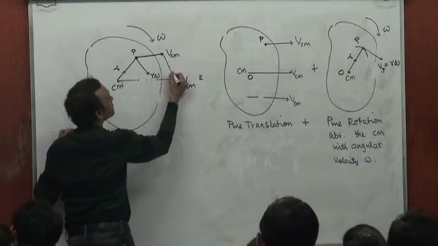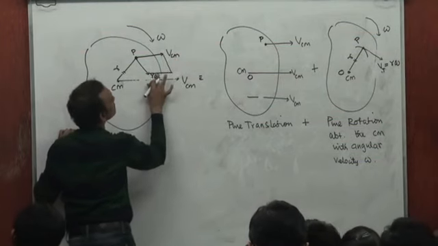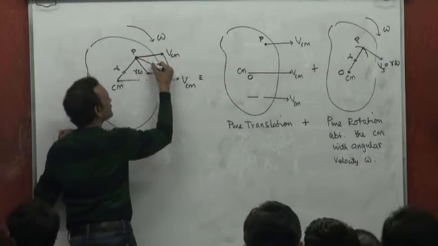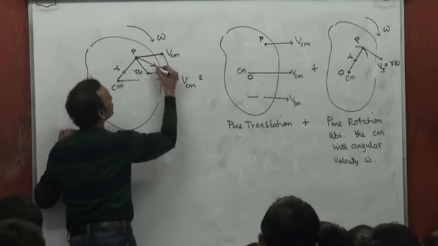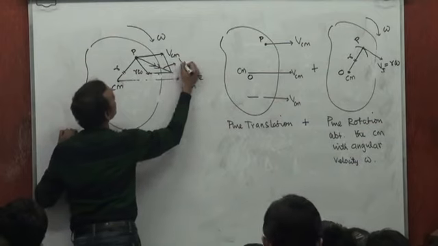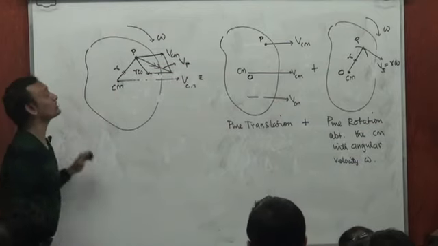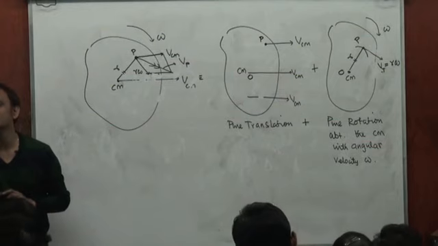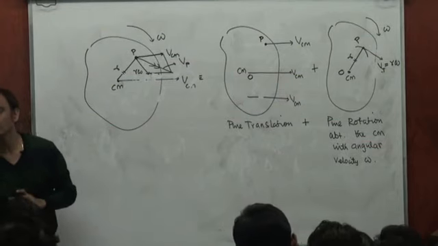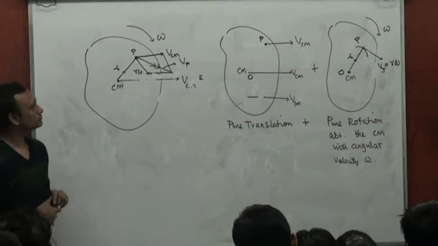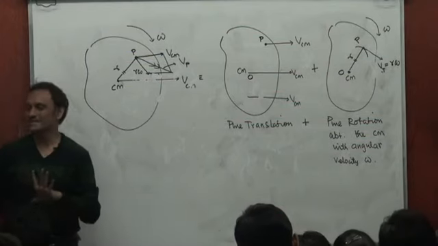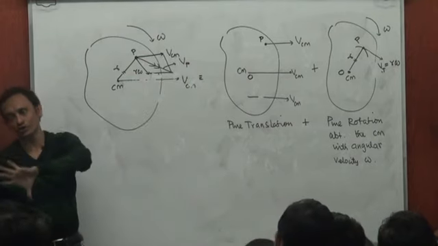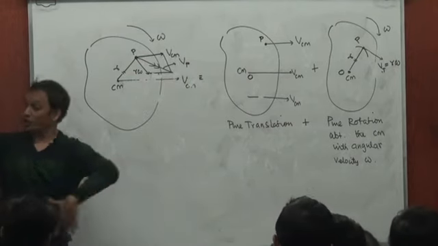Now, the vector sum of these two velocities, which can either be obtained by resolution or by parallelogram law, will give me the net velocity of the point. Right? So, given Vcm and omega, using this superimposition of pure translation and pure rotation, you can obtain the velocity of any point.